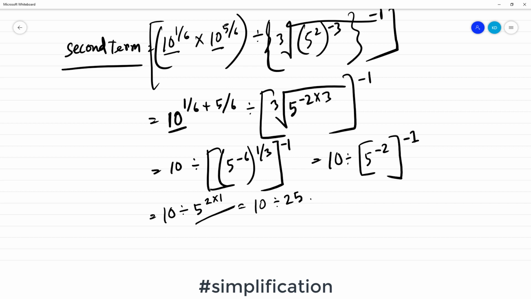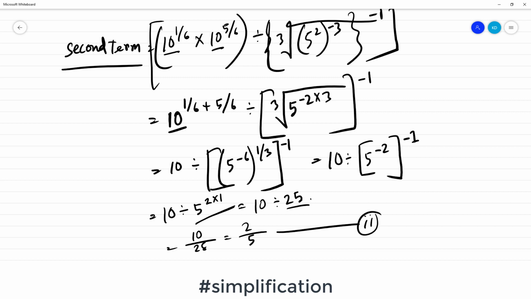Yes, 25. Now 10 by 25 is equal to 2 by 5. This is our second term.